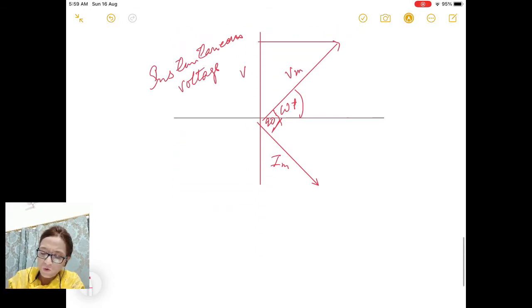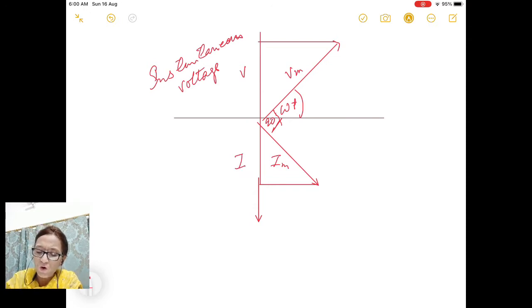And here when you take the perpendicular component on negative y-axis, then you will find instantaneous current.